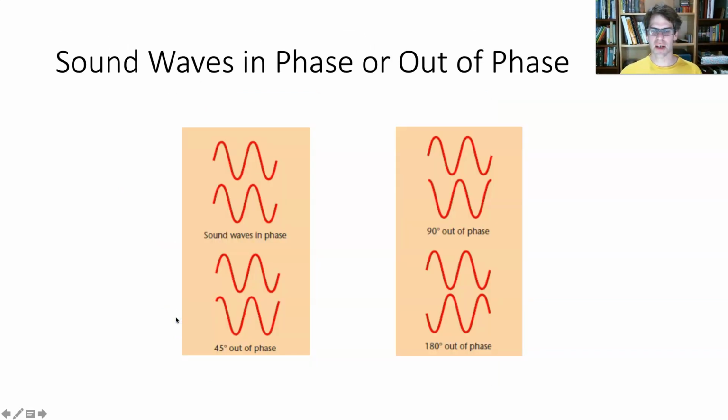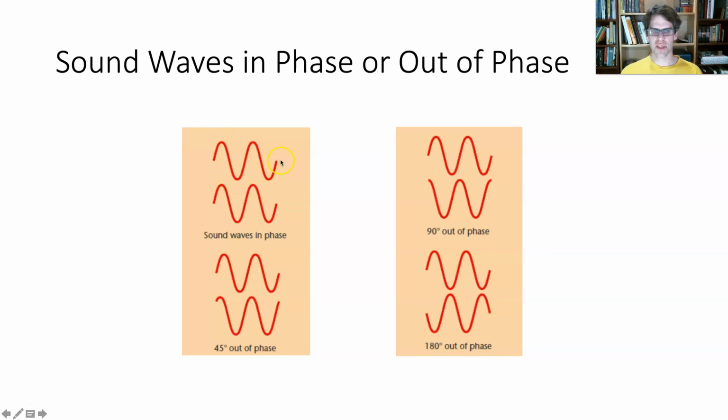Phase difference is a little bit more complicated to explain. So I'll do a half job in hopes that you get this enough, to be honest. But the main thing is sound is waves, right? That's what we're looking at here. Up and down, this is a sound wave. And so over time, you might be at the top of the wave or you might be at the bottom of the wave.